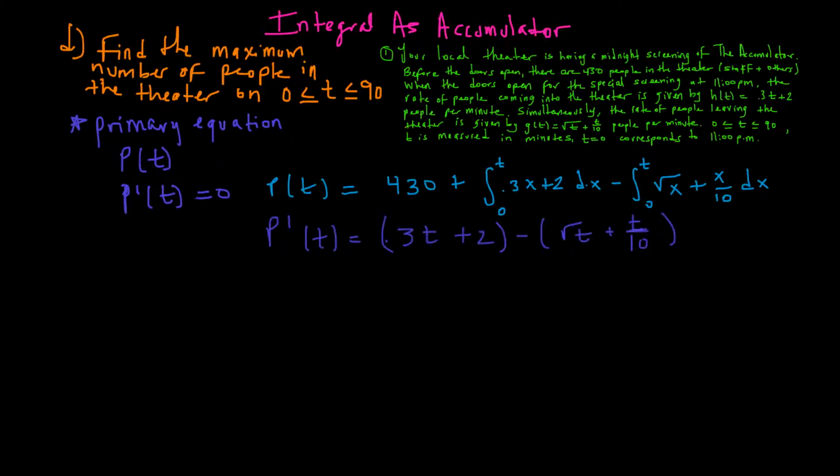And there's P prime. 0.3 times (t plus 2). And what do we do with the primary? Oh, set it equal to 0. Okay. So let me go to the calculator and try to figure this out.